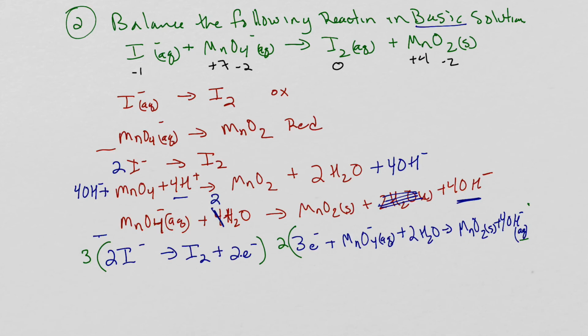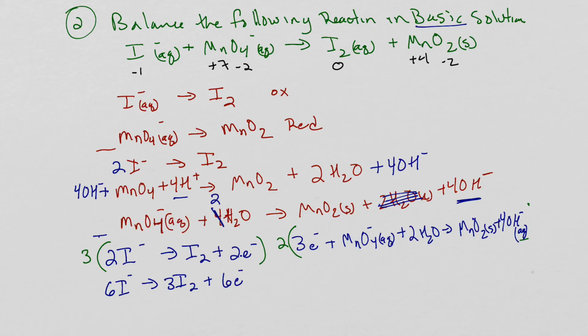So we end up with 6I minus goes to 3I2 plus 6 electrons.